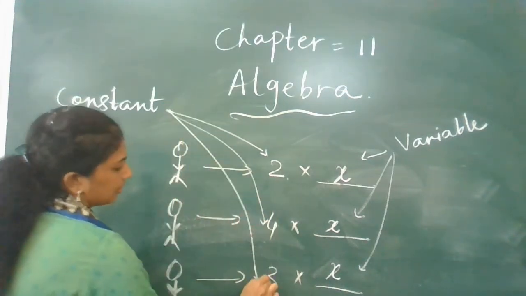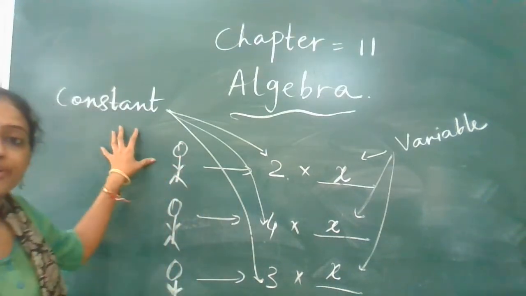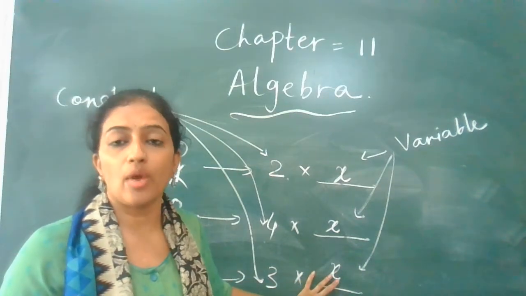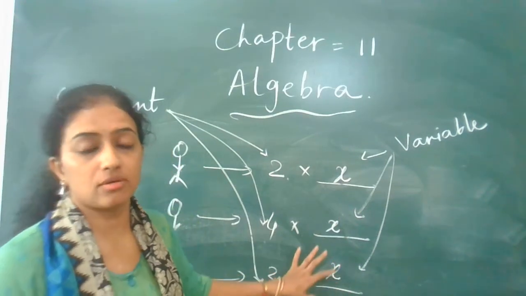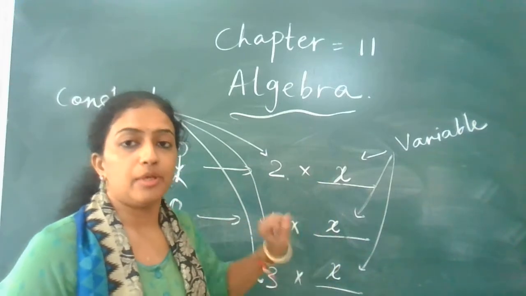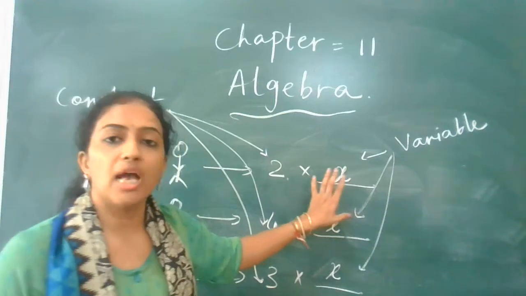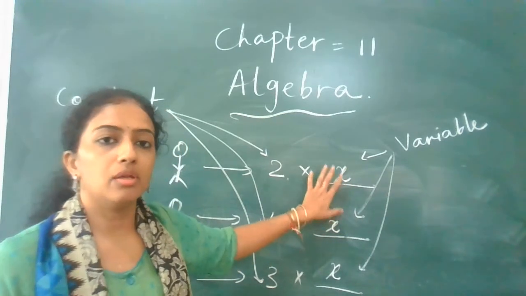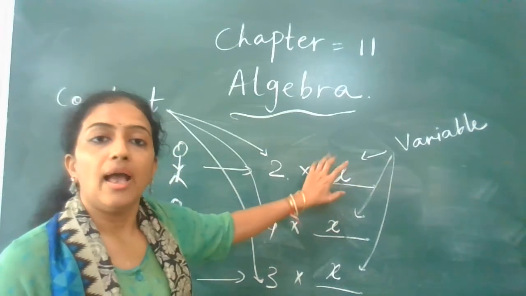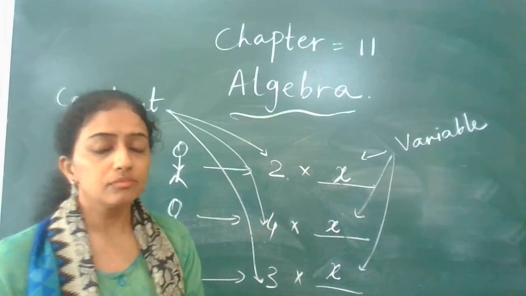So this 2, 4, 3 are called constants, and the numbers whose value we don't know, for which we use small alphabetical letters, are called variables. As I have said, we use variables for an unknown value. So you have to treat a variable as a number only.